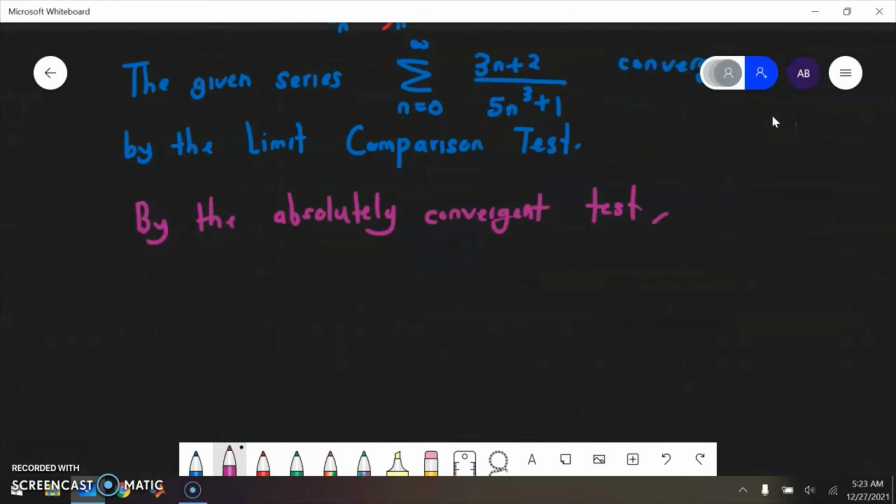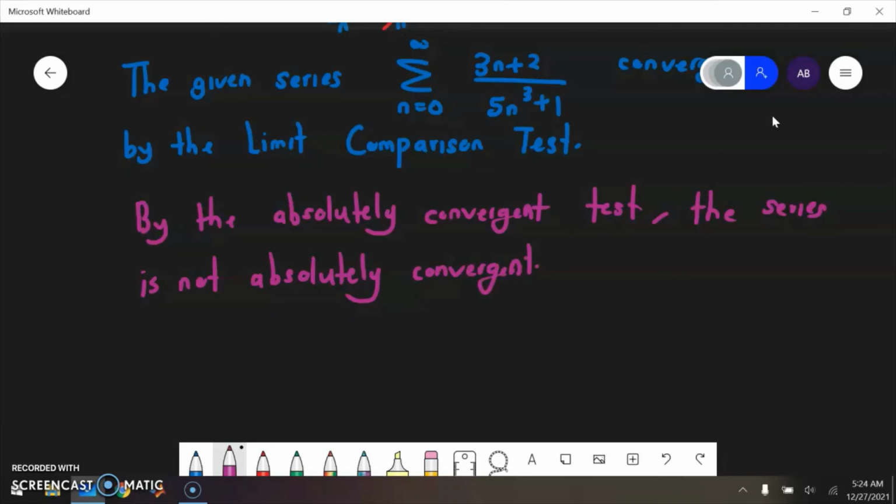The series is not absolutely convergent. So what we can say is that the given series is convergent but not absolutely convergent.